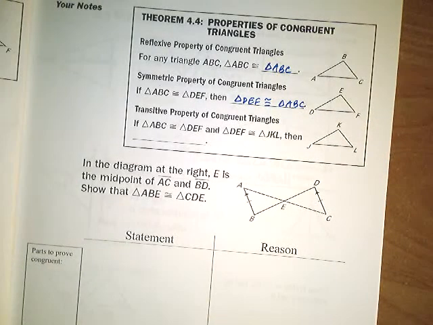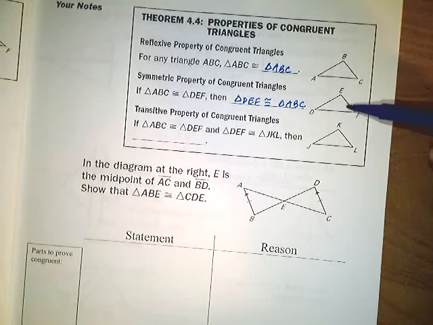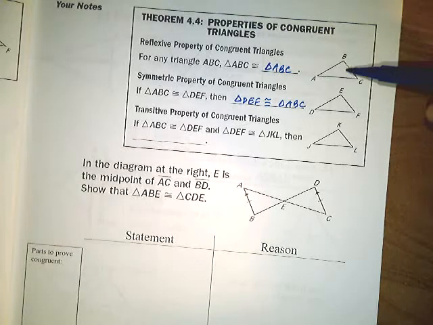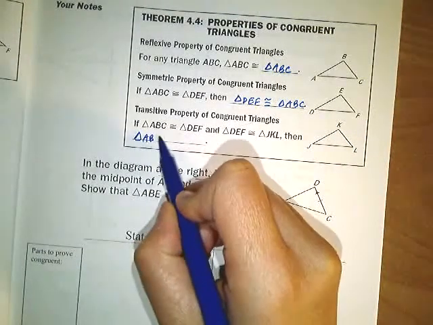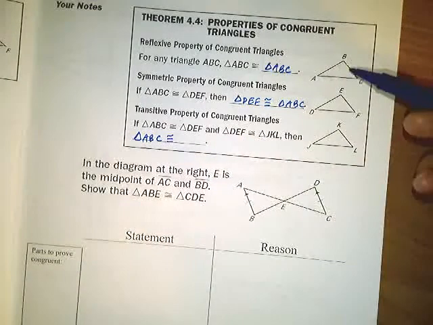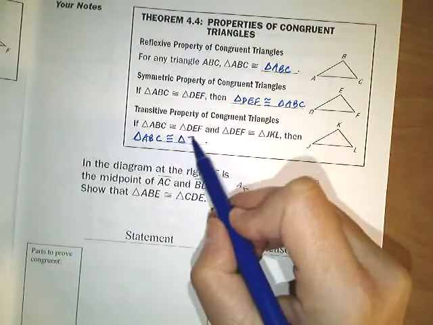And then the transitive property of congruent triangles simply says that if you have triangle ABC congruent to triangle DEF and triangle DEF congruent to triangle JKL, then triangle ABC would have to be congruent to triangle JKL.